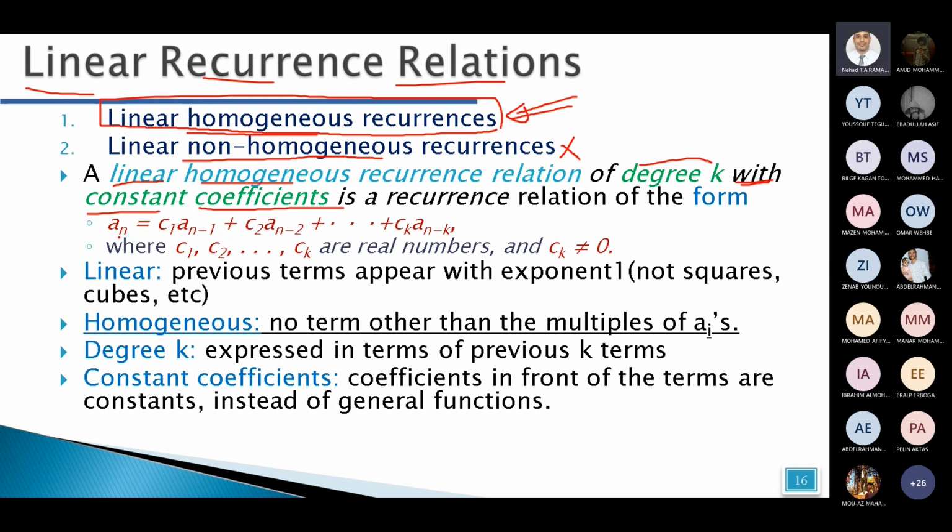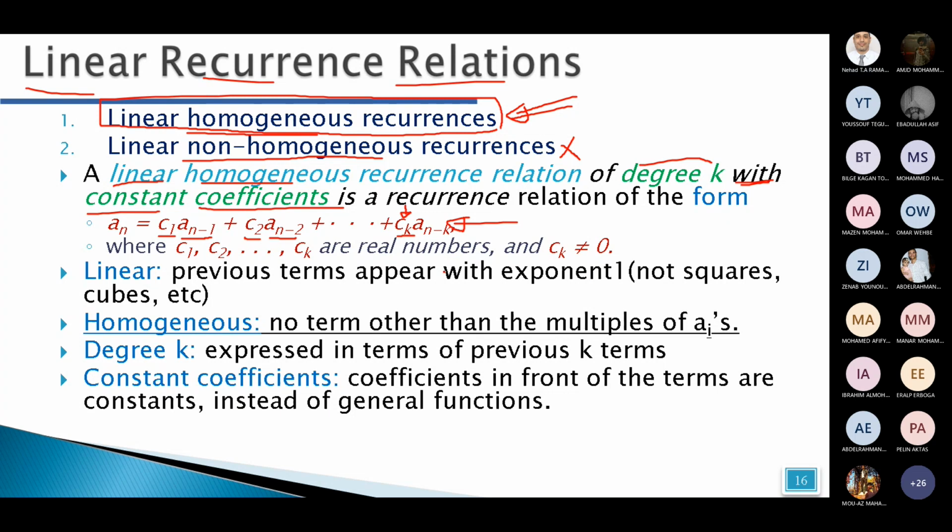Actually, if we have this recurrence relation, a_n equals c_1, where c_1 is any real number, multiplied by the term a_{n-1}, plus c_2 multiplied by a_{n-2}, and so on until c_k, a constant, multiplied by a_{n-k}. This is the general form of a linear homogeneous recurrence relation.